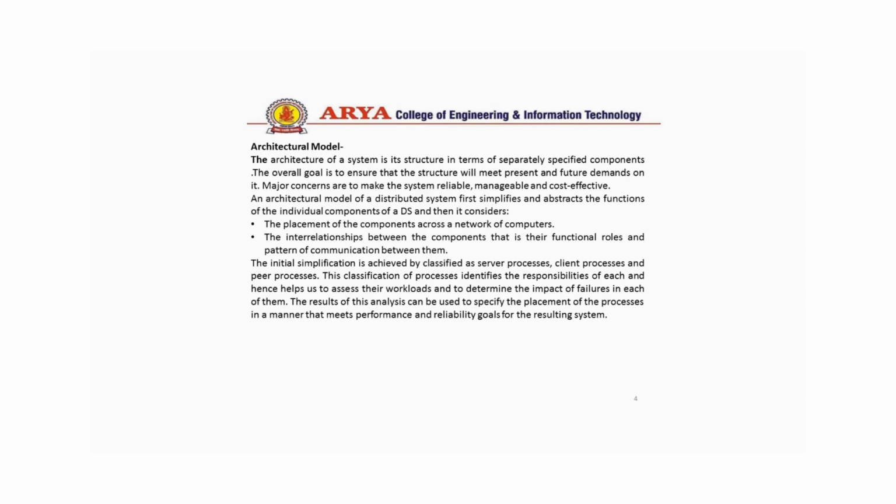The classification of process identifies the responsibilities of each and hence help us to assess their workload and to determine the impact of failures. So by identifying their roles, we will be able to identify their workload and what will be the impact of the failures in each of them if they fail. The result of this analysis can be used to specify the placement of the processes in a manner that meets performance and reliability goals of the resulting system.